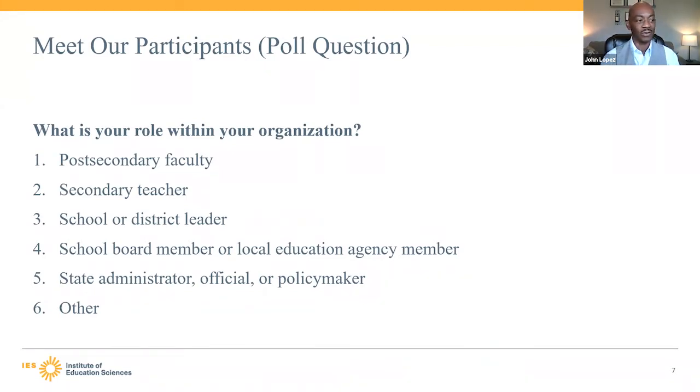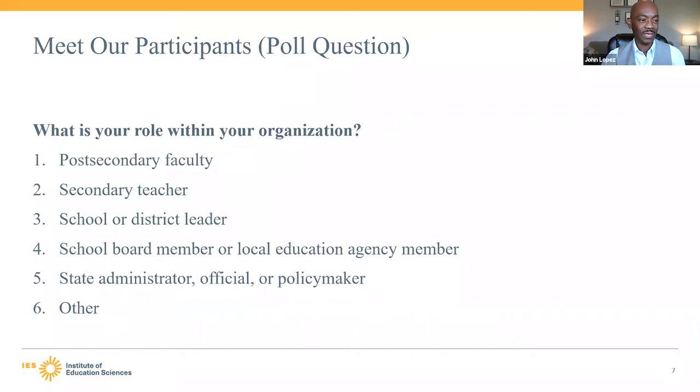It ranges from post-secondary faculty, secondary teacher, school or district leader, school board member, local education agency member, or a state administrator, official, or policymaker. So we'll be getting in results momentarily. And again, I'd like to thank you for joining us and for participating. I know our panelists are excited to share their perspectives. As you just heard, they bring a wealth of experience.